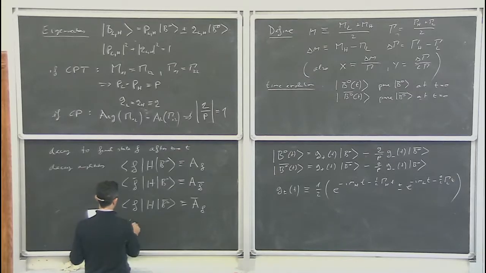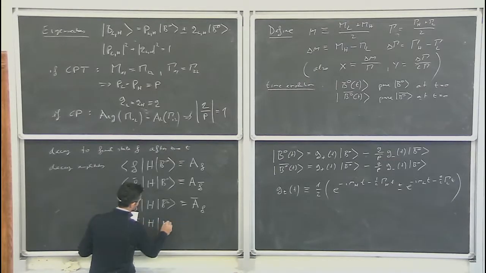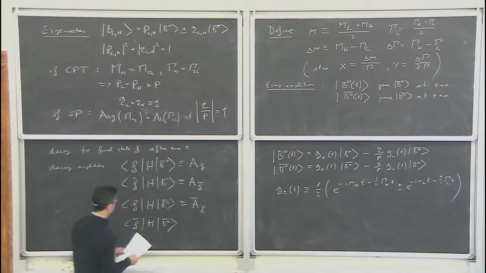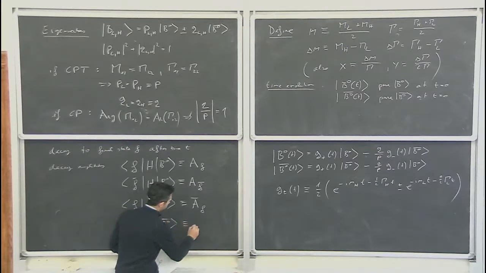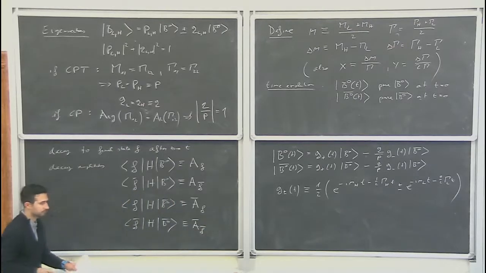So now you can already guess how I parameterize the decay of the B naught bar state into the f bar. This will be given by A bar, f bar. Okay.